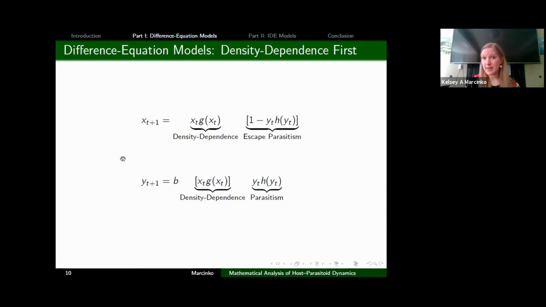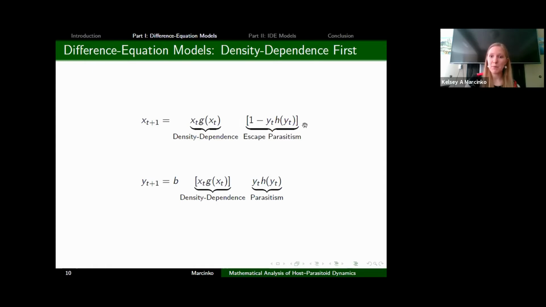In specifying that density-dependent competition occurs first in the life cycle, this is the set of equations that result. The hosts at generation T undergo some density-dependent effects as they compete for resources, and then some percentage of that, x g of x, is parasitized.